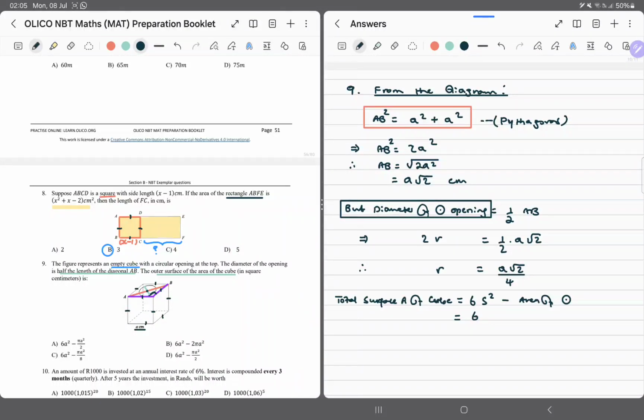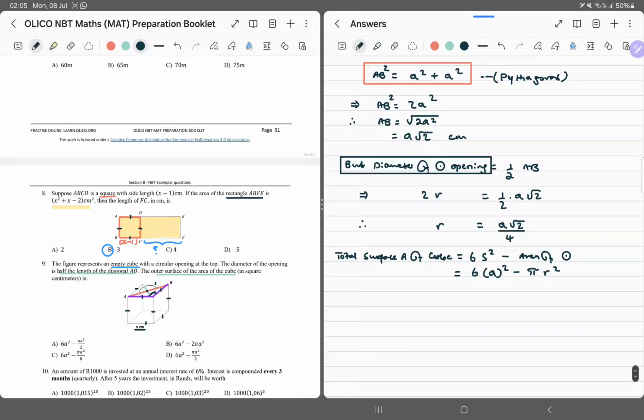So this is 6, now the side is a, and then we square that, minus the area of the circle, which is pi r squared. What is our r here? It is a square root 2 over 4, and then we are squaring. So this is 6a squared minus, now once you square this, the 2 is free, right? But the 4 goes to 16.